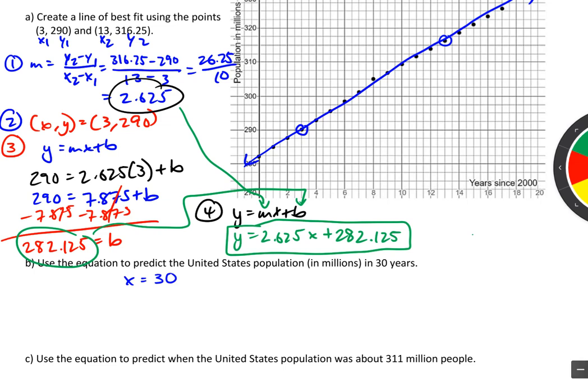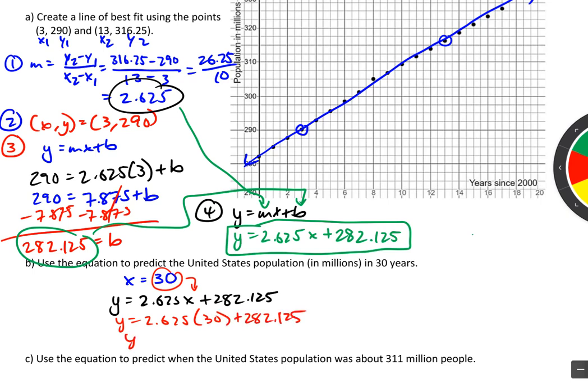Basically, we're going to calculate this. So y equals 2.625 times x plus 282.125. We're going to plug in the 30. 30 gets plugged into here. So 2.625 times 30 plus 282.125.